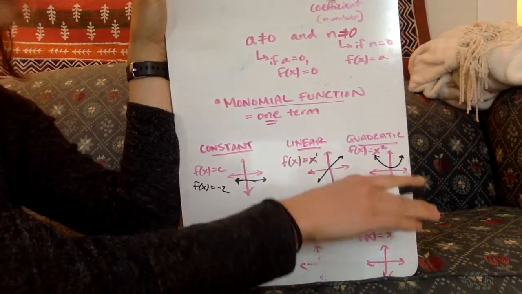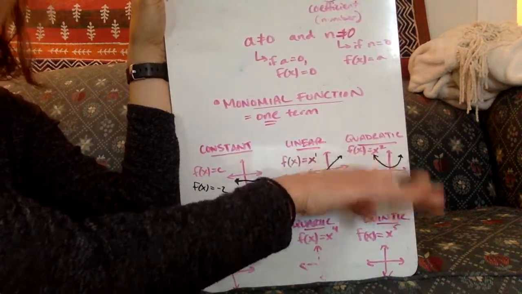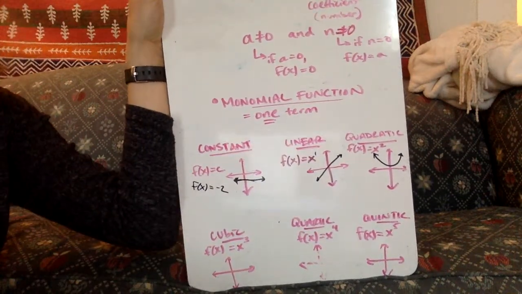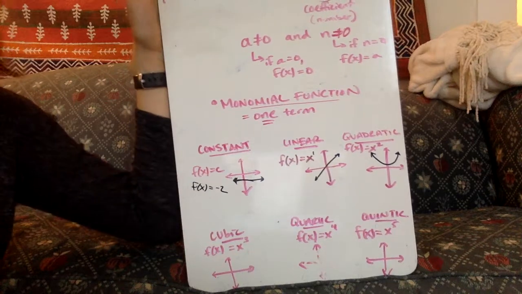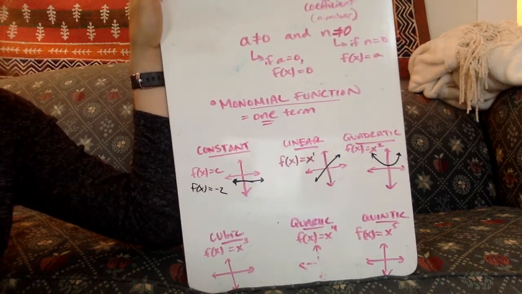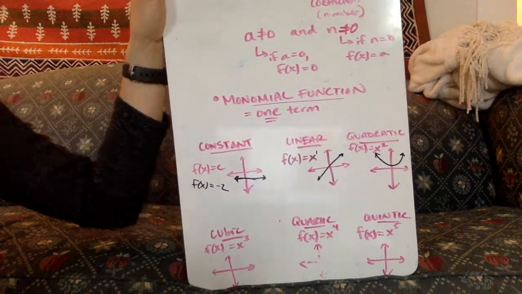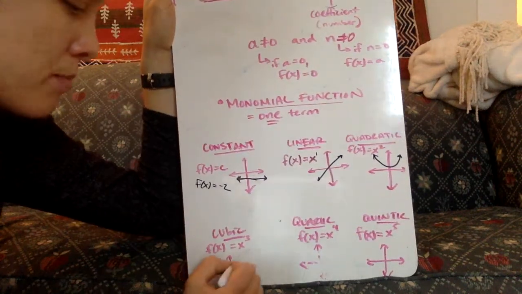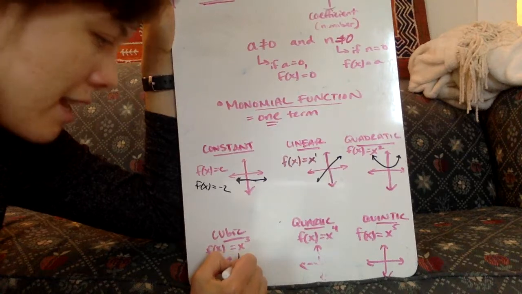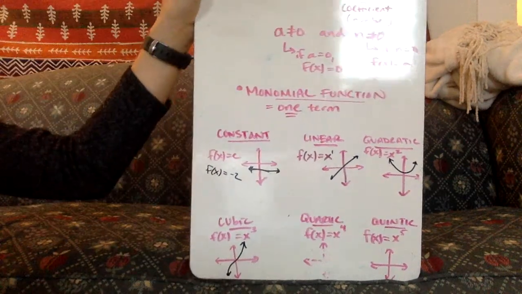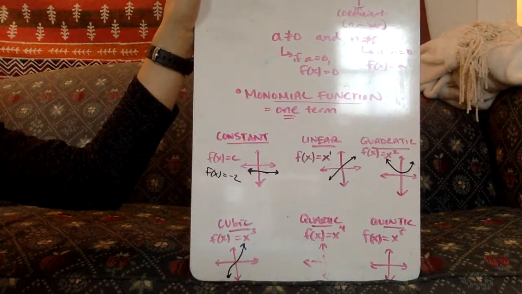That doesn't extend into these negative y values, because remember that when I square a negative number, it becomes positive. So all my y values are going to be positive for this. I then have my cubic function, which passes through the origin again, but it's more of a squiggle, so I have this point of inflection at 0, 0 here.